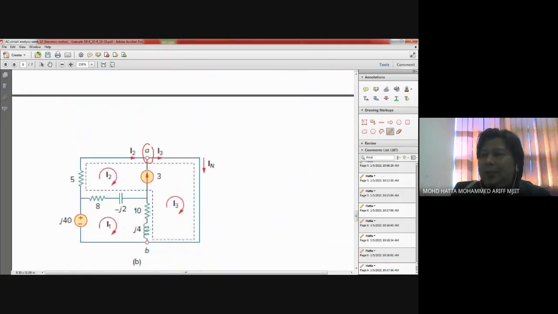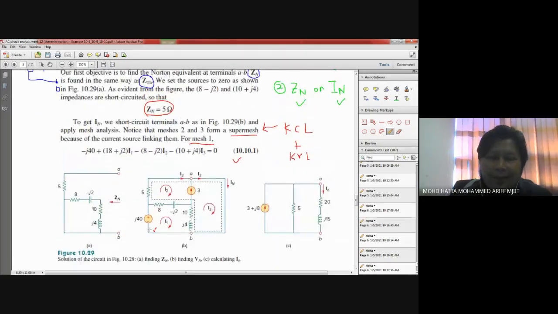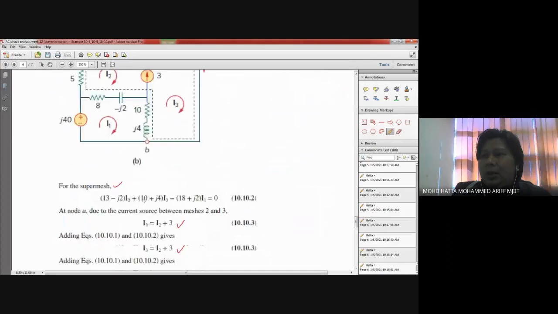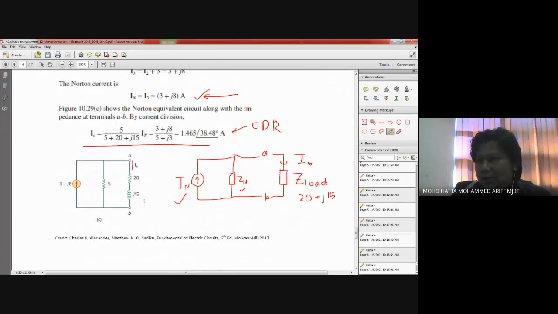But I've given you the hint: if you follow through the solution, it's quite easy to understand, because we apply super mesh and both KCL and KVL analysis around the super mesh area. So I think that finishes up our third example. Do you have any questions so far?